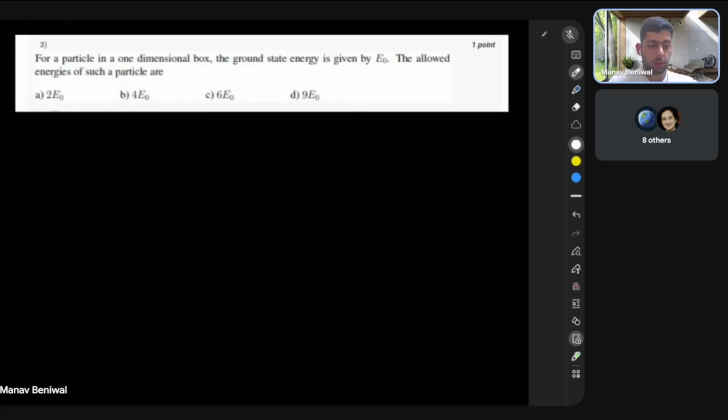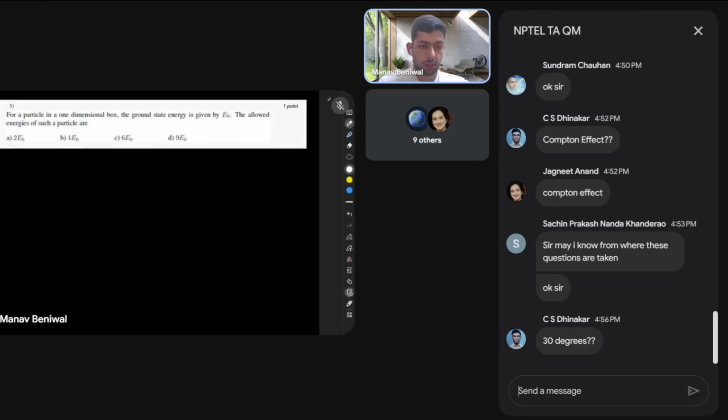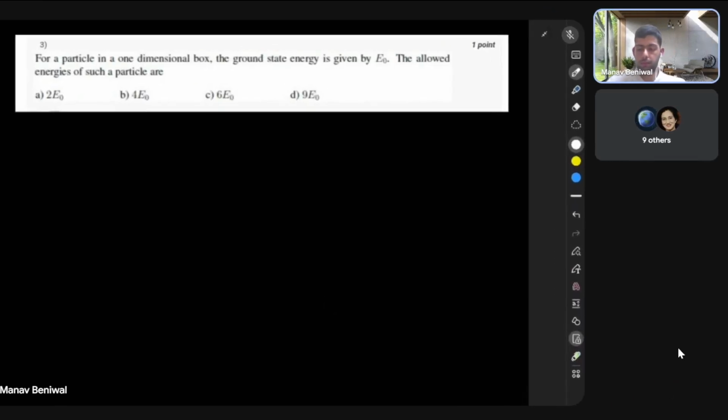Okay, any doubts before solving the next one? Okay, let's look at it. So what we have? We have a 1D problem. So we have a particle in a one-dimensional box, and we are told that its ground state energy is given by E naught.